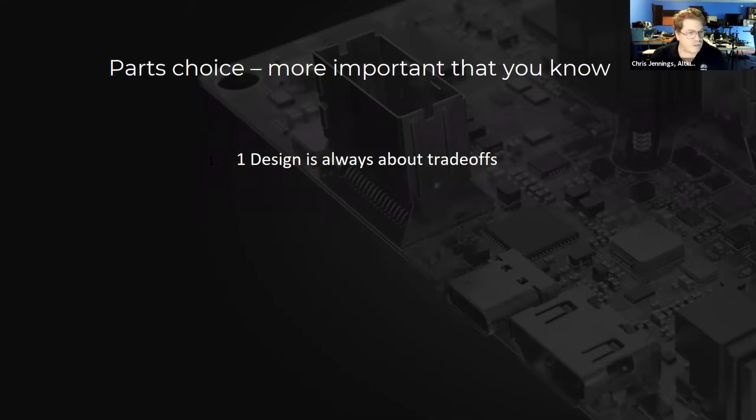So parts and components need both the schematic symbol and a PCB footprint. And if you can get access to components that have both, it lowers your risk and makes it faster and easier to implement. So it might be better to do something with a few more components that you have access to than to use a component that does it all, but you have to create a footprint and the schematic symbol.